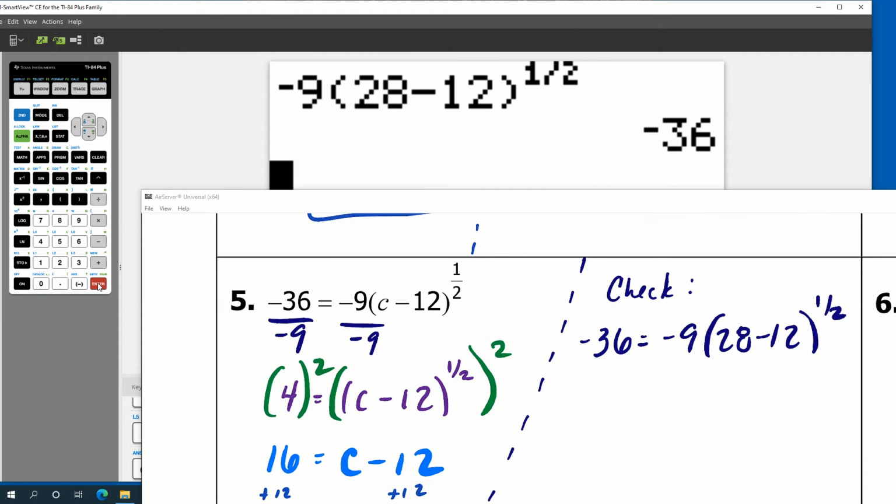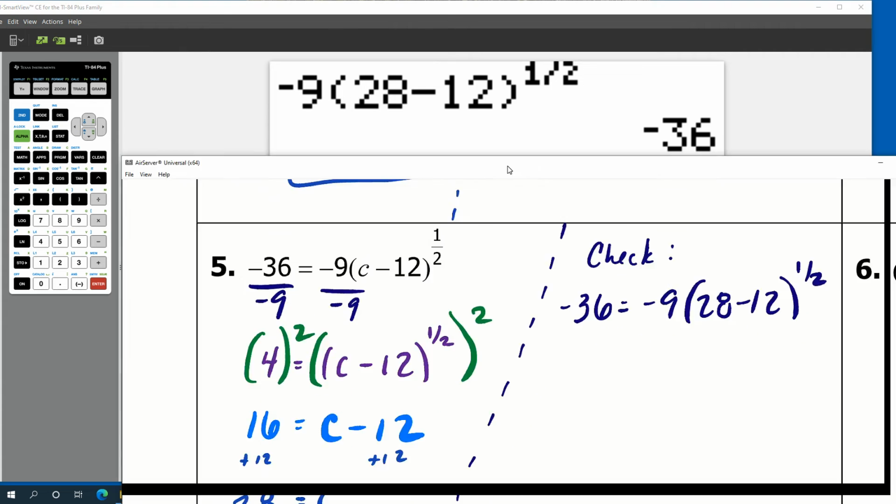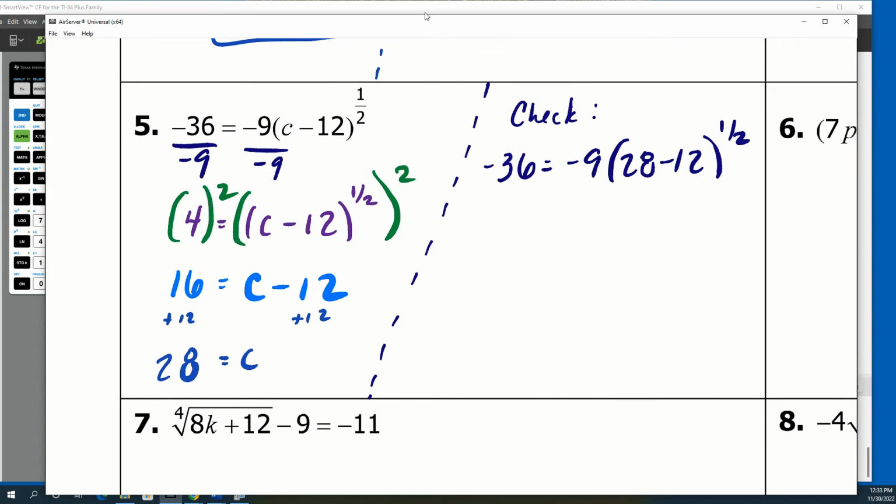All right, so again, we get -36 equals -36. So just move that. So 28 is a solution.